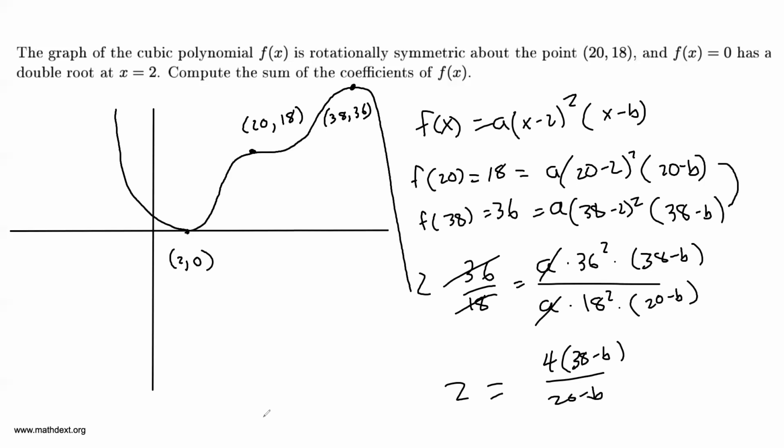And therefore, we get 2 times 20 minus b, which is cross multiplying. It's equal to 4 times 38 minus b.